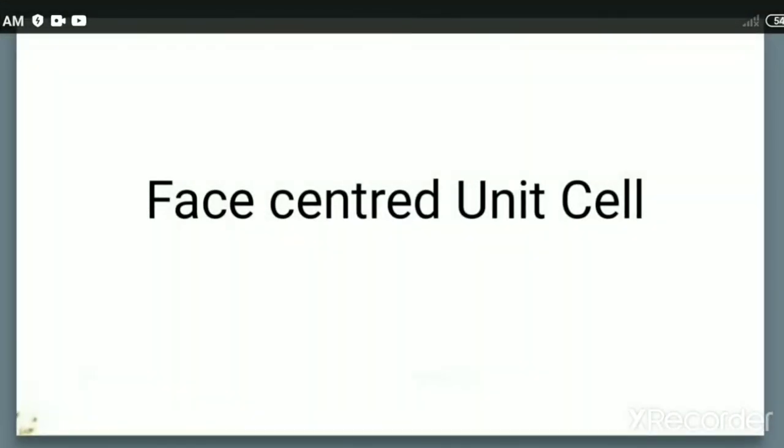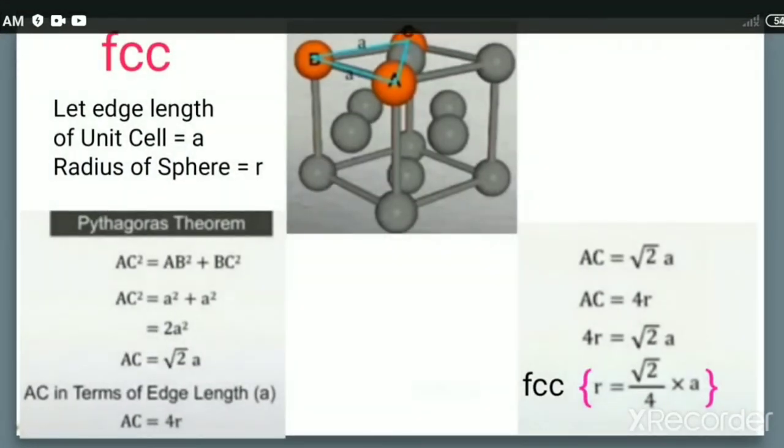Now let us discuss the relation for the face-centered unit cell. In the face-centered unit cell, particles are not only present at the corners but also at the center of each face. There are 6 faces, so on each face at the center, one particle is there. Let the edge length of the unit cell be A and the radius of the sphere be R. Let us take a right triangle ABC, which is highlighted in the figure.